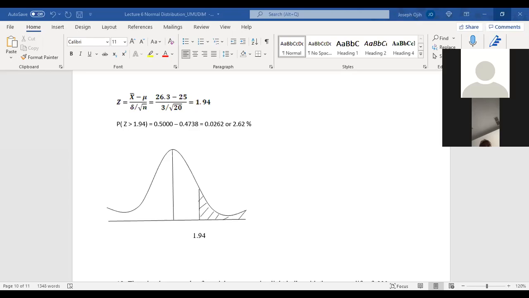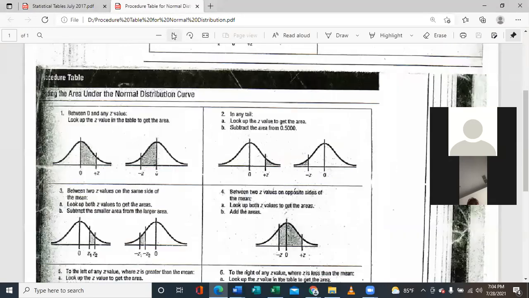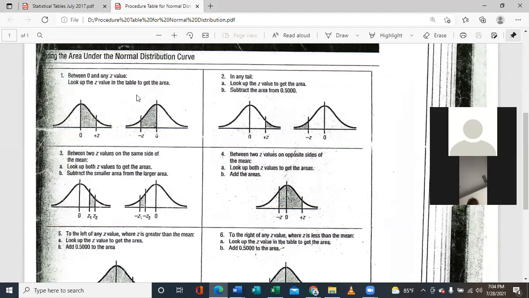Yes, sir. Different problems will lead you to different types of charts. If your chart looks like this one, it says look up the z-value to get the area. But if it is in the tail, like the one we just did, on the right tail, sometimes it can be on the left tail, the solution will be to look up the z-value to get the area, then subtract the area from 0.5. Oh, okay.